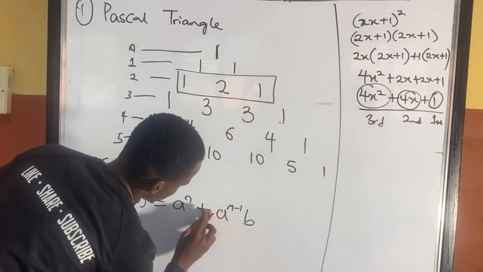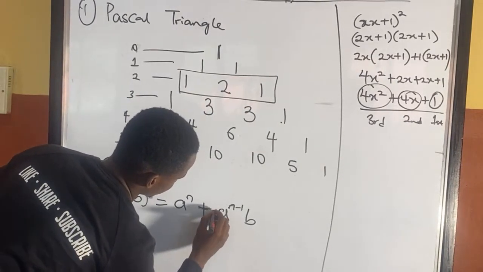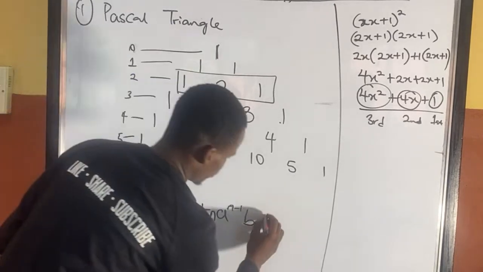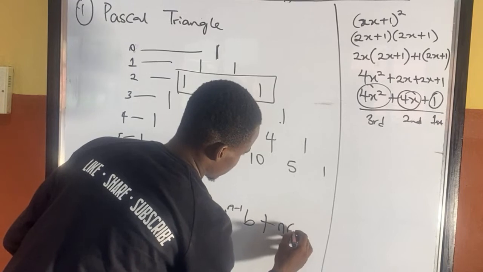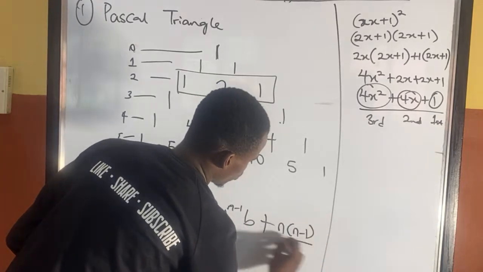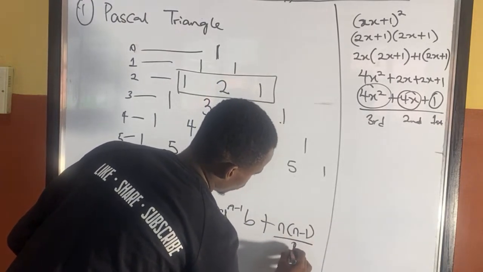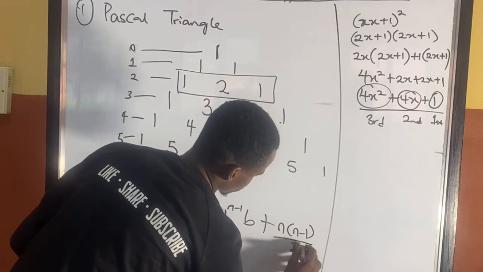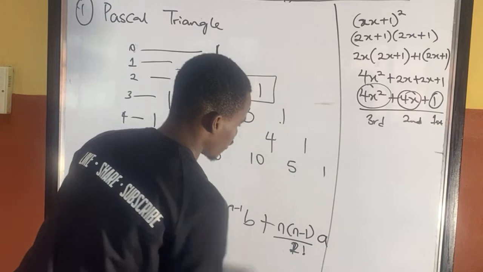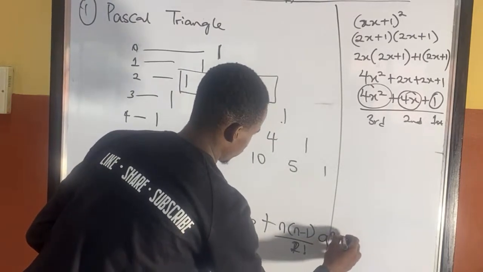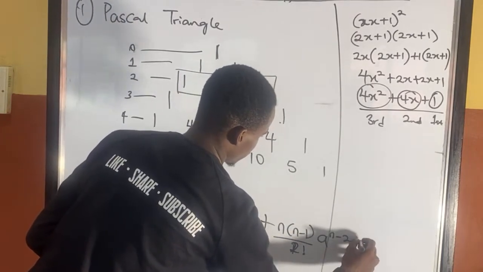But then we'll be having n here, plus we'll be having n in brackets n minus 1 over 2 factorial, A raised to the power of n minus 2, B raised to the power of 2.